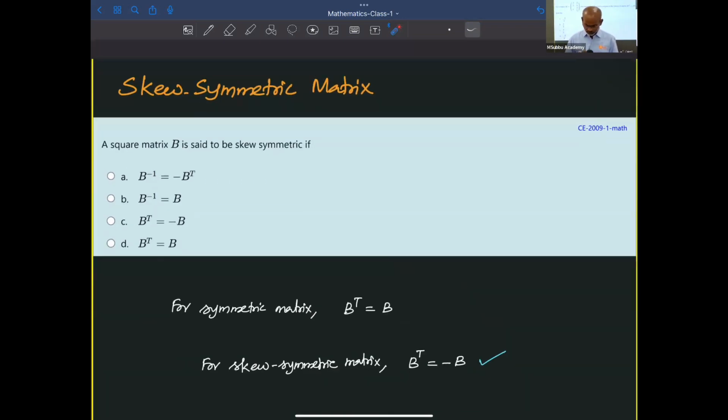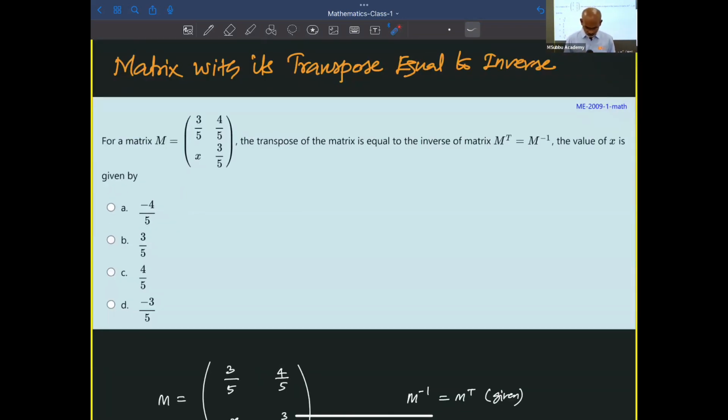Matrix with transpose equal to inverse, as I said, is called an orthogonal matrix. So for this matrix, the transpose is equal to inverse. What is the value of x? We need to evaluate x. For this matrix, the inverse is simply equal to the transpose, so you can easily get the inverse simply by taking the transpose.